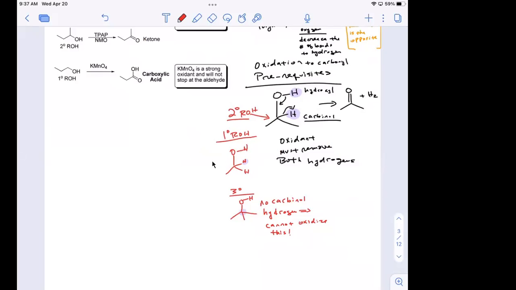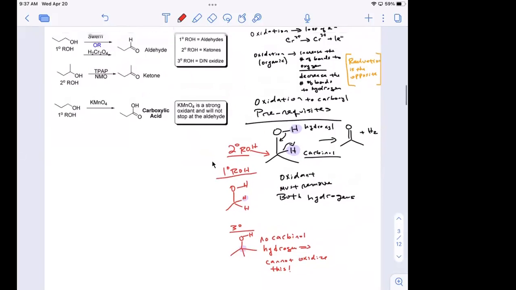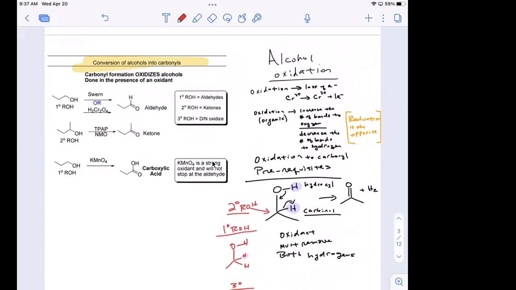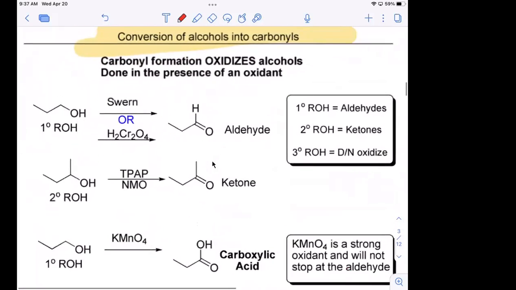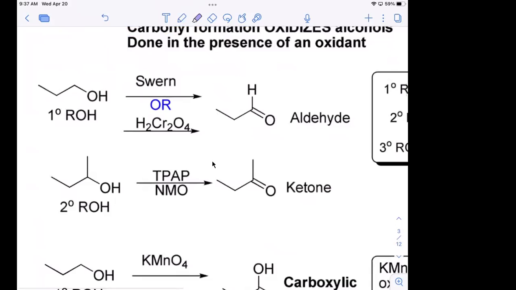So when we look at the examples over here, because we're not going through the mechanism, all we're really looking at are the reagents. If you remember when we were doing synthesis of alkyl halides and we had alcohols, we were saying that if you had a primary, you would use this set of reagents.